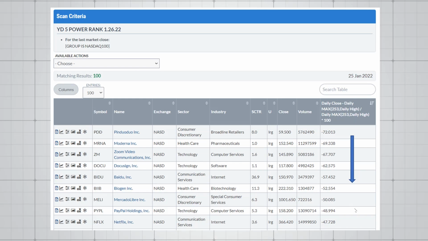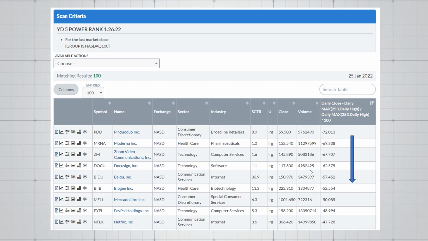And our sorting ranking column is always the furthest to the right. And in this case, we see that we have negative 72% for PDD, a broadline retailer in the Chinese market. SCTR value of 8 kind of confirms the weakness of that stock.